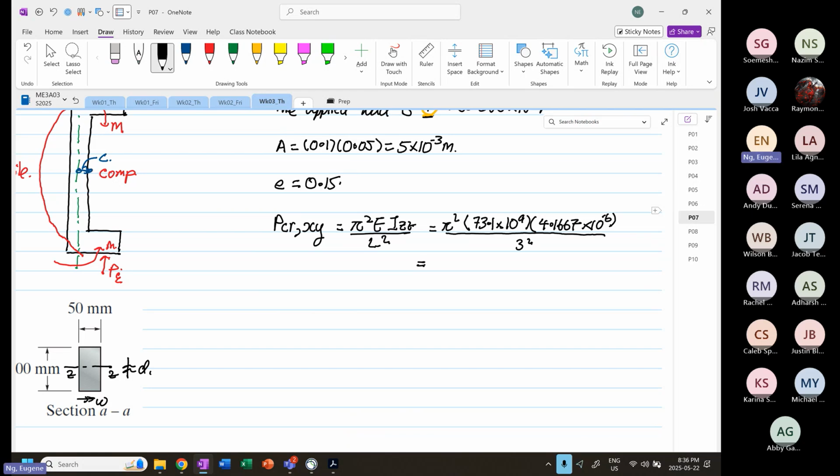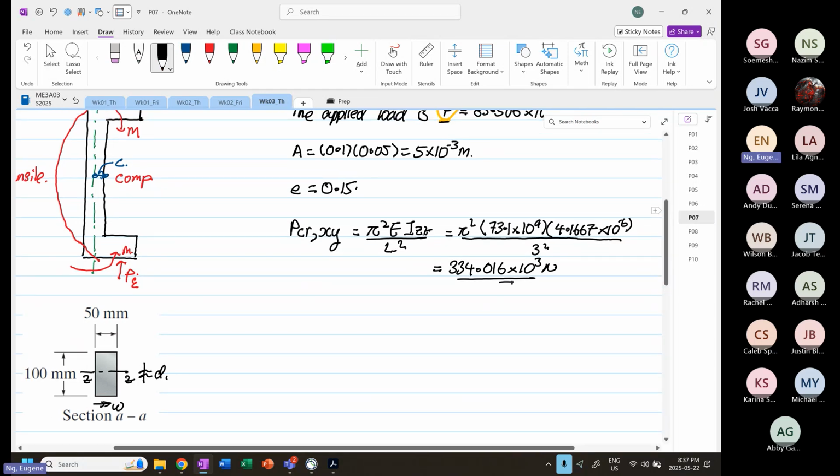Over here, this will be equal to pi squared times 73.1 times 10 to the power 9 times 4.1667 times 10 to the power minus 6 divided by 3 squared, which is 334.016 times 10 to the power 3 Newton.